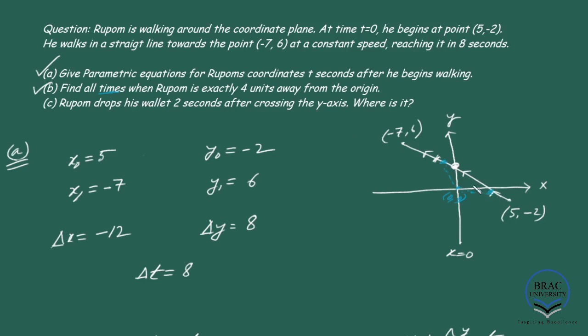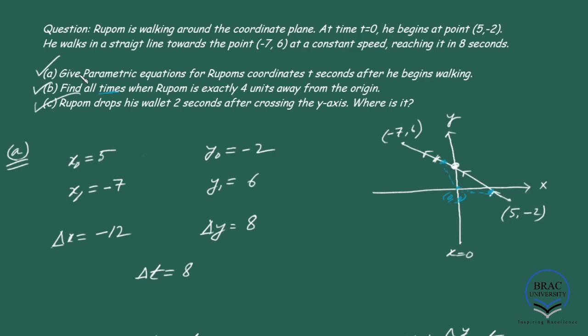I calculated using the distance and the unit 4, and then I found that Rupam drops his wallet 2 seconds after crossing the y-axis. So we found the time when he drops it, and then I used that time and plugged it into the parametric equations that I found from part A to find his location, the x and y coordinates of Rupam's location at any point in time.